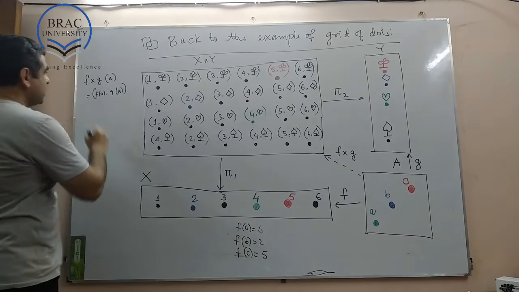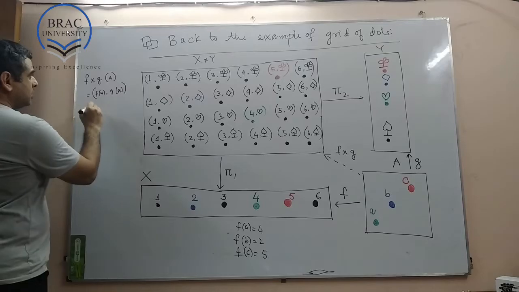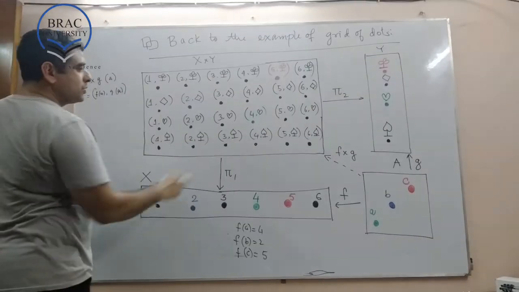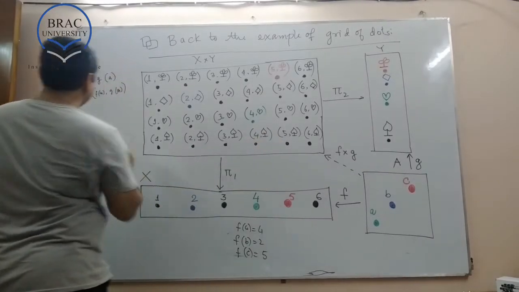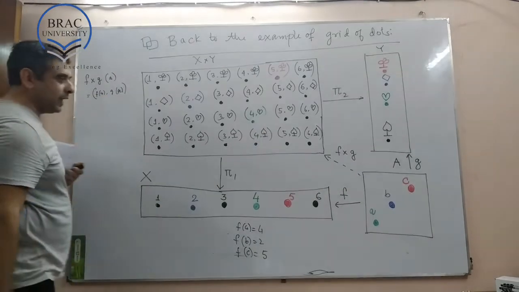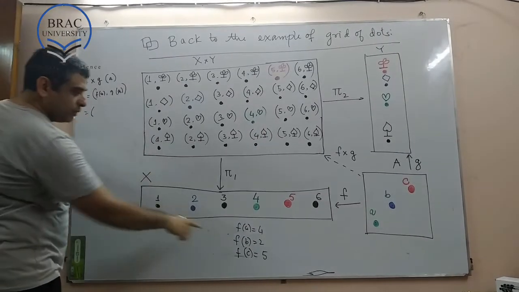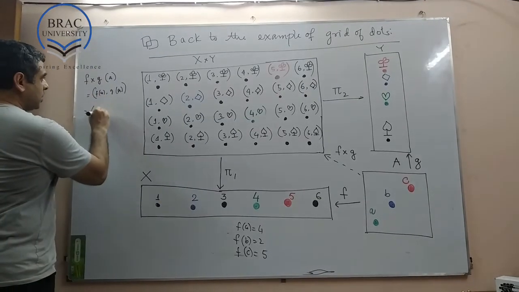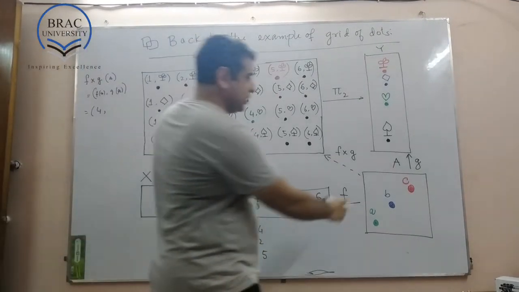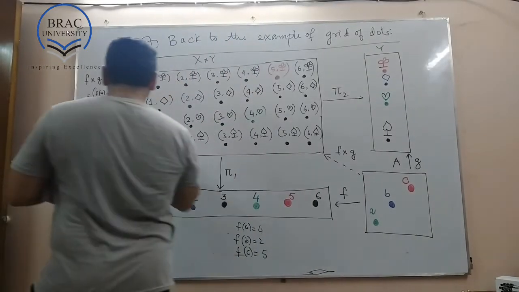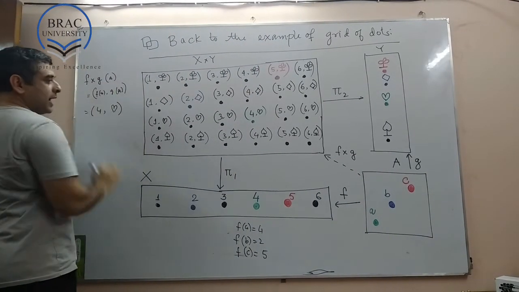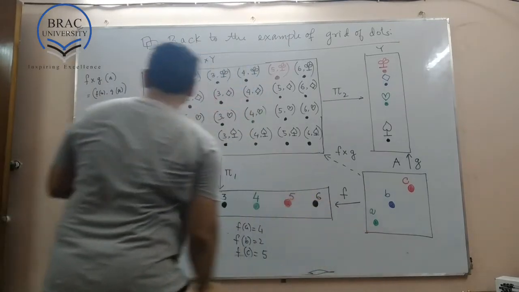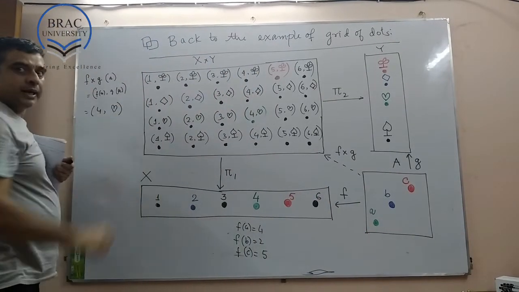For this example, what should f cross g acting on A be? It should be f of A comma g of A. We have seen that f of A is 4, and g of A is hearts. So f cross g acting on A should be 4 comma hearts.